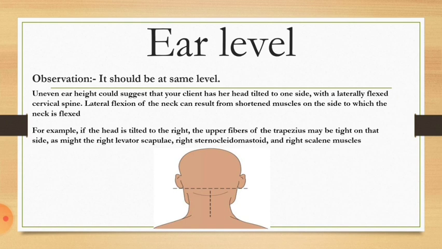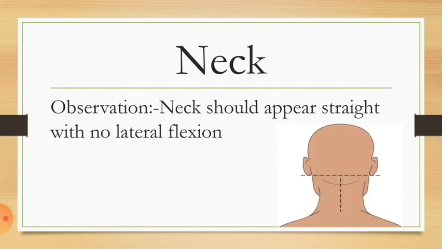Lateral flexion of the neck can result from shoulder muscle tightness on the side to which the neck is flexed. For example, if the head is tilted to the right, the upper fibers of trapezius may be tight on that side, as might the right levator scapulae, right sternocleidomastoid and right scalene muscles.